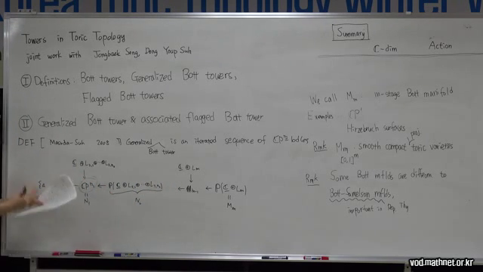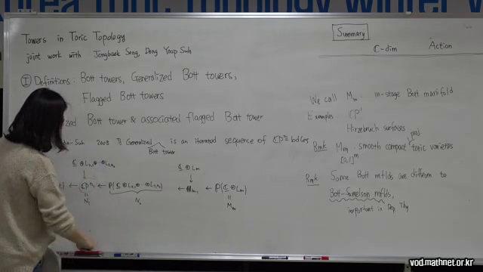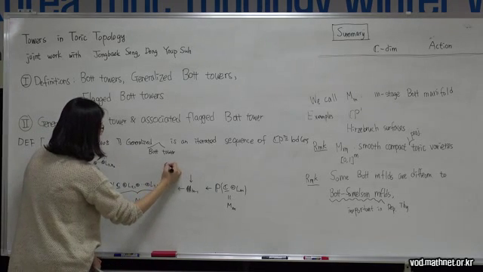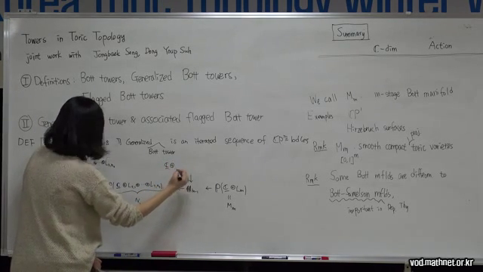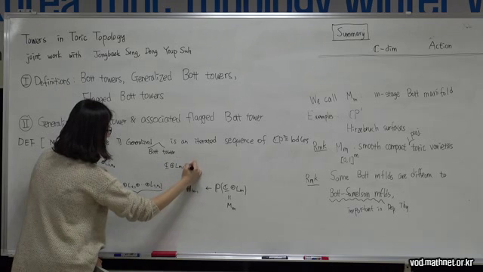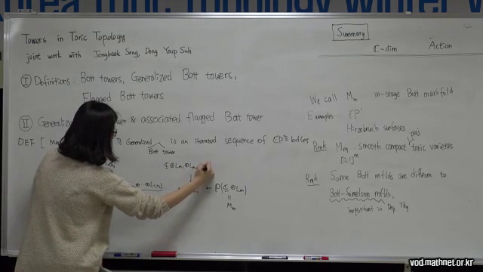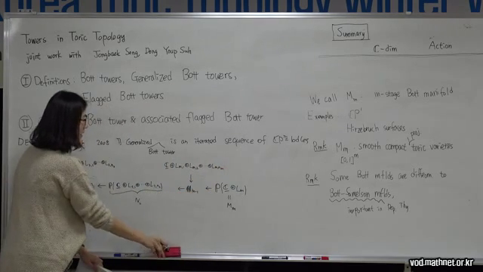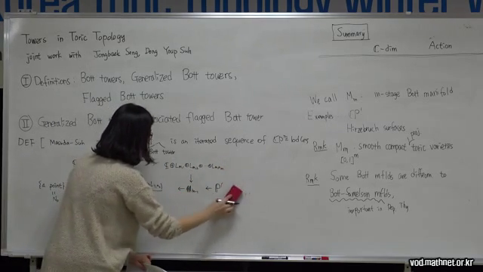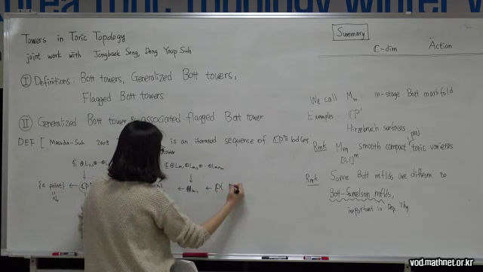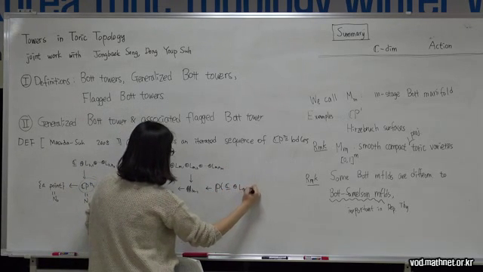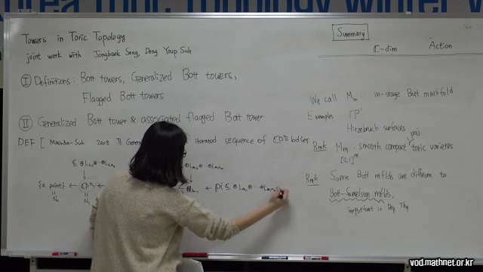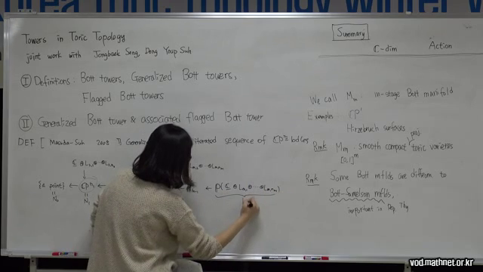If you do the same thing, you will get N_{m-1}, and you take the trivial line bundle with some L_{m,1} plus L_{m,2} plus up to L_{m,n_m}, and then consider its induced projective bundle. This is the definition of N_m.